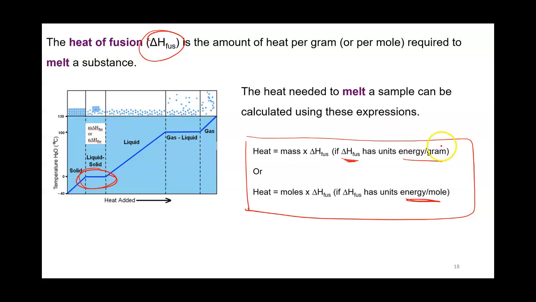If the heat of fusion is given in units of energy per gram, to calculate the heat required to melt our sample, we just take the mass in grams and multiply that by our heat of fusion. If the heat of fusion has units of energy per mole, then to calculate the amount of heat required to melt a particular object, we take the number of moles of matter in that object and multiply that by the heat of fusion.